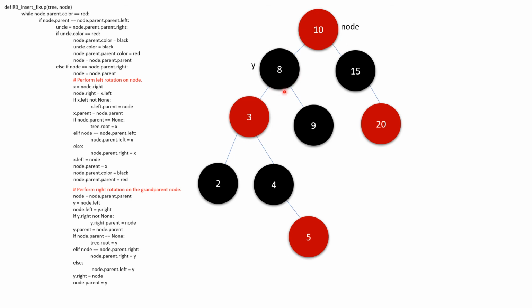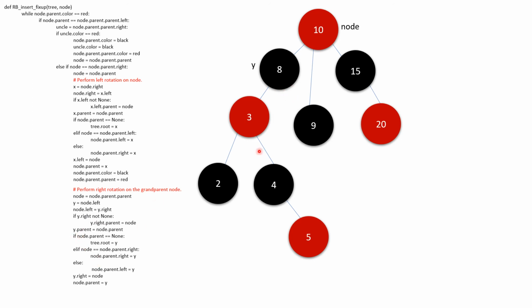And Y is going to be the left child of the root node. Okay, so let's go through. The right child of Y equals the left child of the node. So we're going to change that pointer to point to be a child of our node. If Y's right child is not none, it is none, so we can skip that.